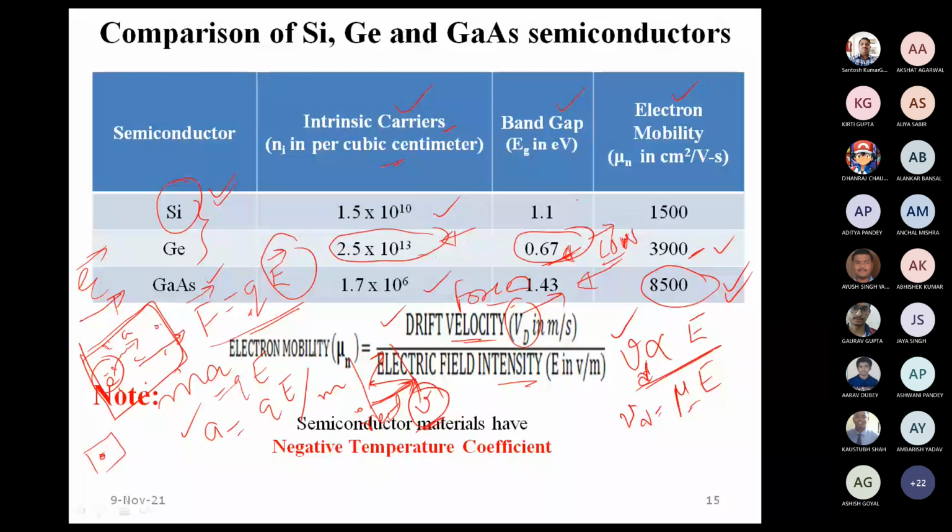If the band gap is too small, we will not have much control over the current, over the charge carriers, because of the small energy band gap.